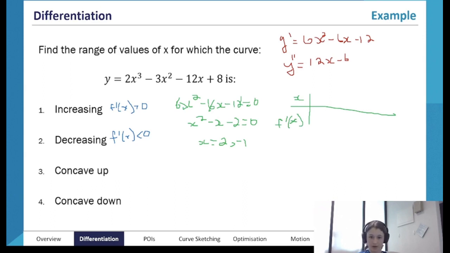So we're going to have negative 1, 2, and then in between we're going to have other values, just any value in between these two, because this is going to tell us when the function is increasing or decreasing around those points. So we are going to sub our values into the first derivative.